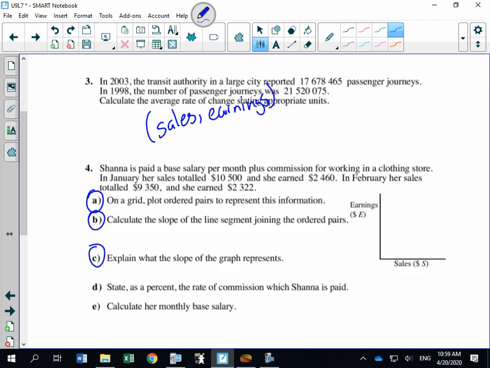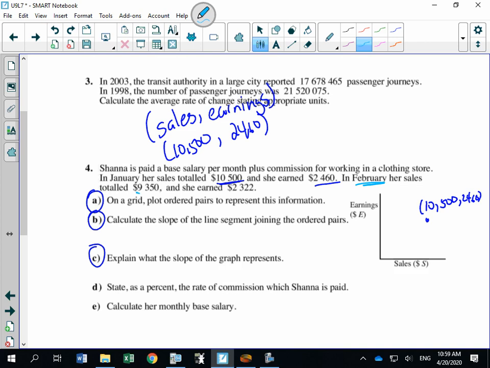The first ordered pair says in January, her sales totaled 10,500 and she earned 2460, right? So you would take that and plot that somewhere.